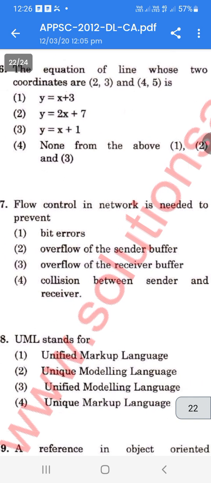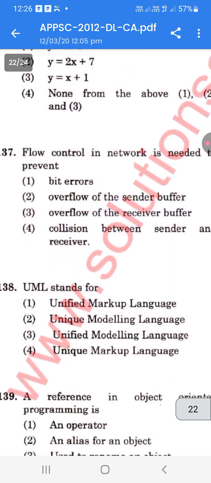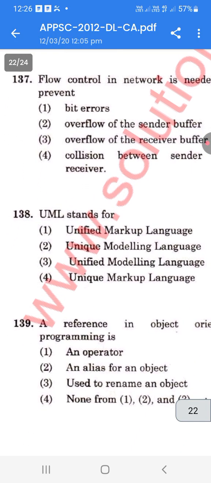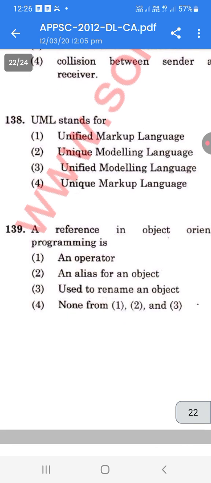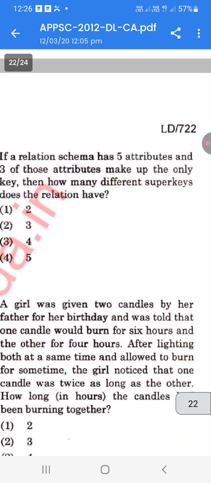Flow control in network is needed to prevent 3. Overflow of the receiver buffer. UML stands for Unified Modeling Language. A reference in object-oriented programming is an alias for an object.